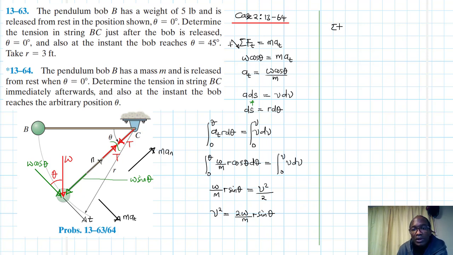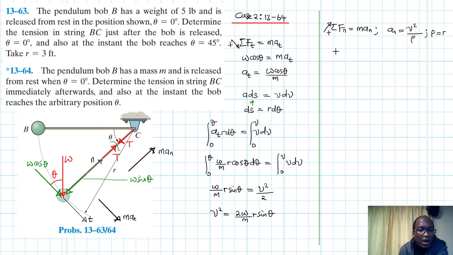So we'll say summation of forces in the n direction is just equal to m a_n, with going in that direction being our reference positive, where our a_n is just equal to v squared divided by rho. And we know our rho here is just equal to r. So let's write this down.